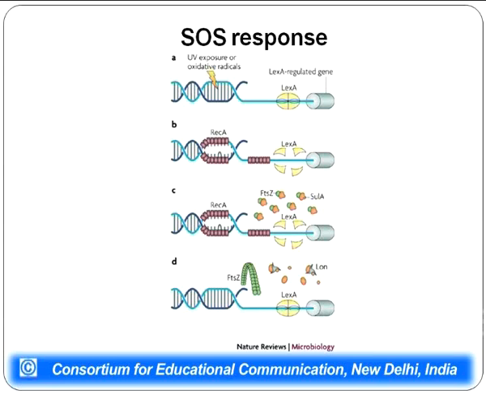Whenever there is severe damage, RecA gets activated. This RecA leads to cleavage or degradation of the LexA protein, so that the genes which were earlier repressed are now activated, and SOS response genes get activated, so that the repair mechanism comes into play.